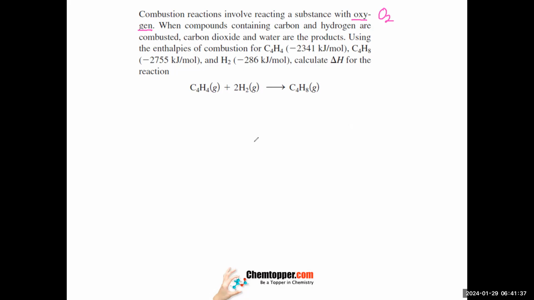Now, Shrihan has started making the equations. He has read the question. Enthalpies of combustion of C4H4. So the first reaction is C4H4 undergoing combustion to give CO2 and H2O.